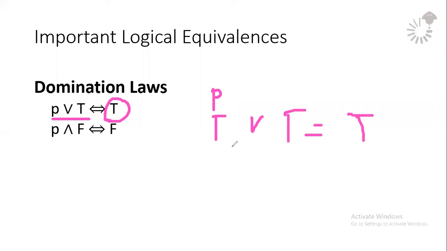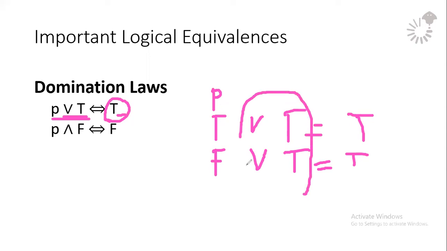What if the value of the proposition is false? False or true, the value is true. So in this domination law, anything in disjunction with true, the answer is true.